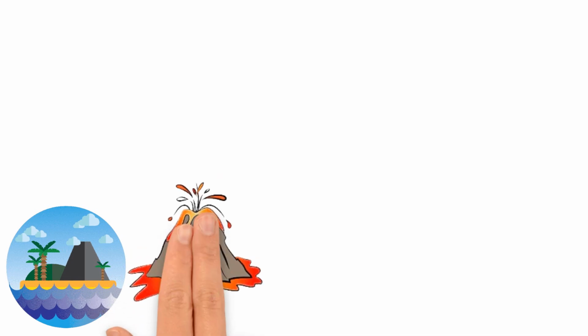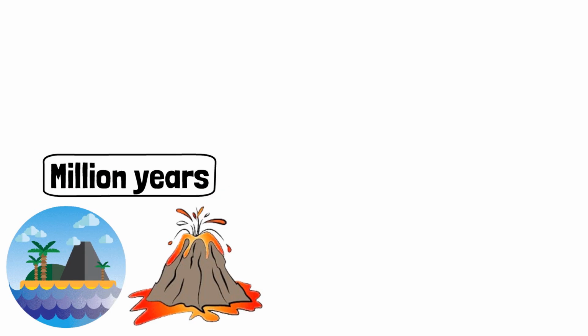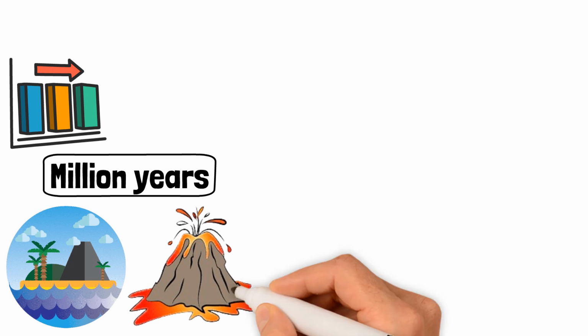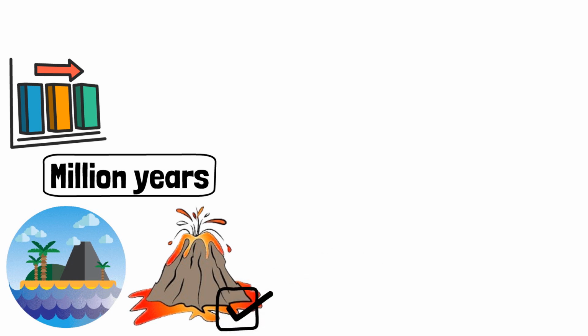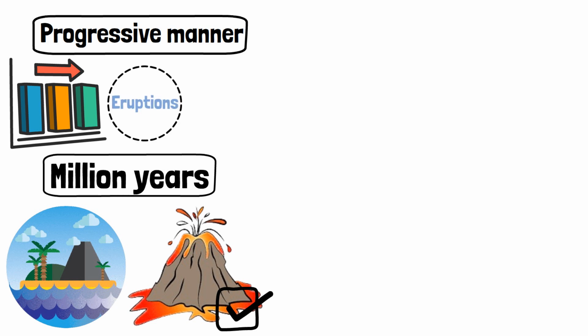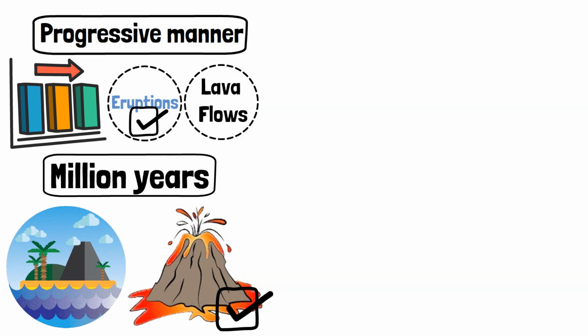The majority of these volcanoes have been dormant for 1 million years, although others have been active and have continued to erupt. The regions covered by these volcanoes are enormous, and their slopes slope in a progressive manner. Both the eruptions and the lava flows are quite liquid. The eruptions are similar to fountains.